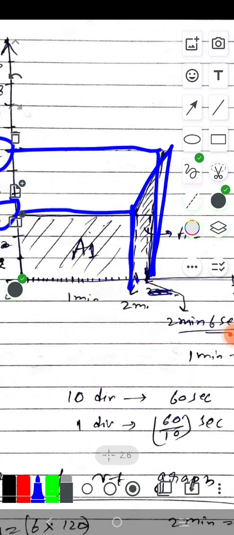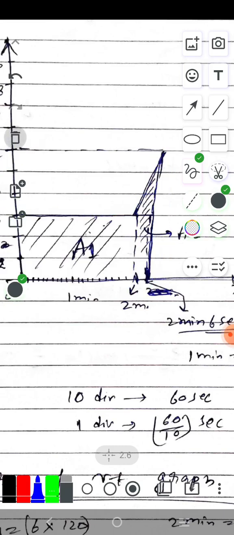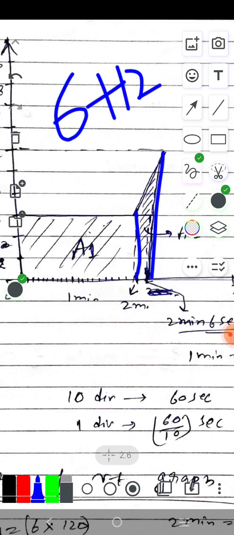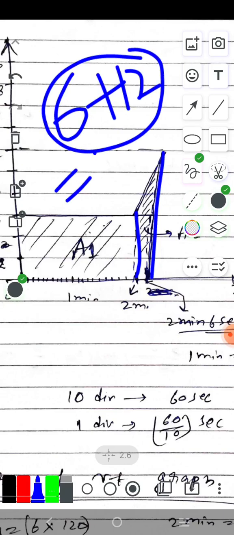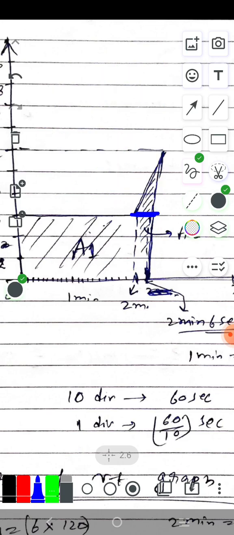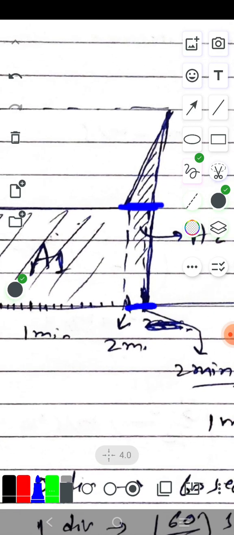So 12 meter per second and 6 meter per second, these two are the parallel sides. The sum of the parallel sides is 18. And what is the perpendicular distance between these? This is the perpendicular distance, from 2 minutes to 2 minutes 6 seconds. This gap is only 6 seconds.